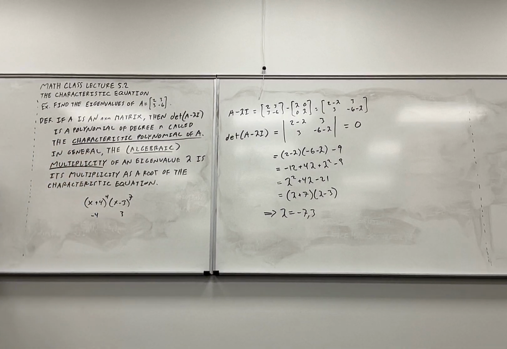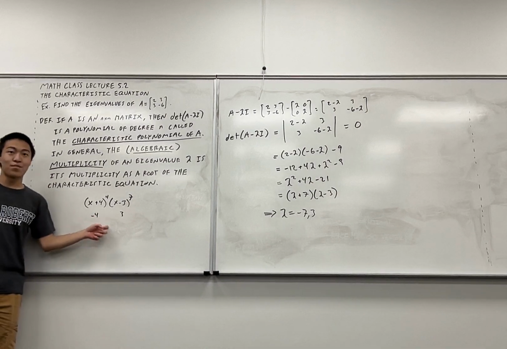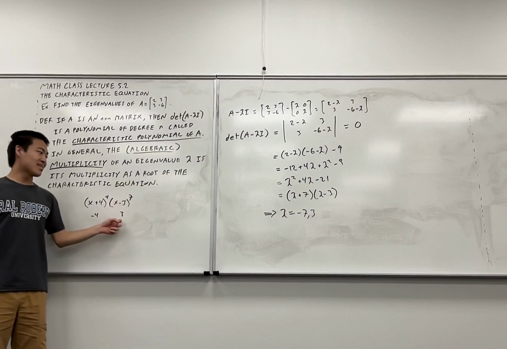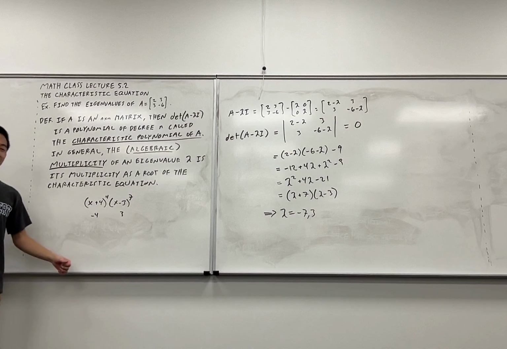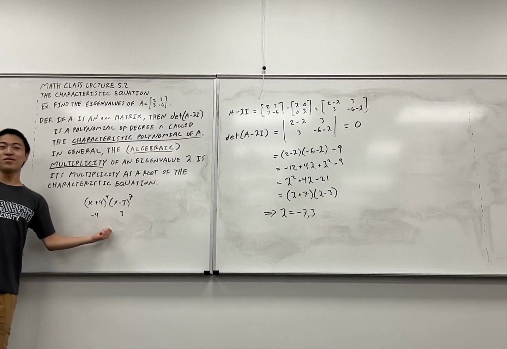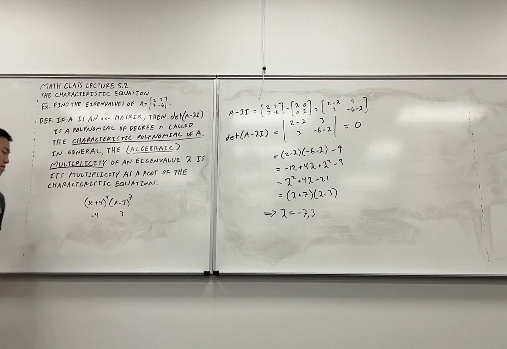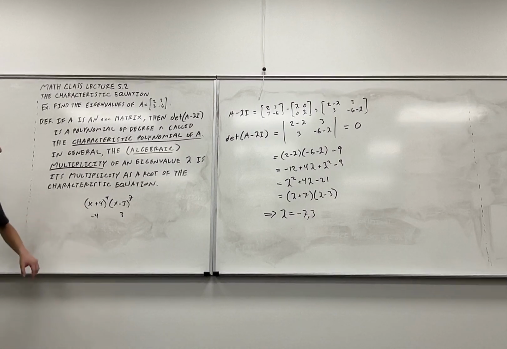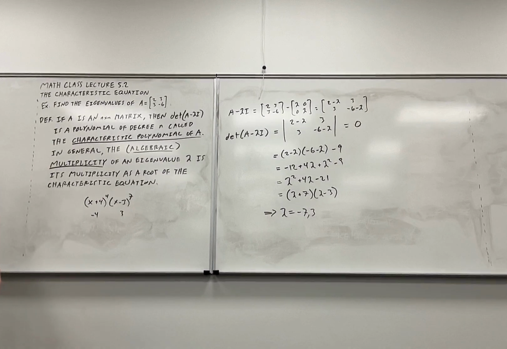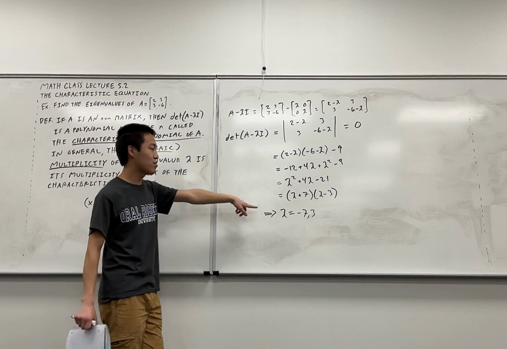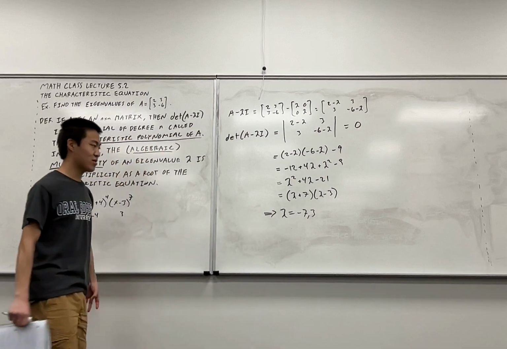But in reality, multiplicity-wise, for the roots, I would say minus 4, minus 4, minus 4, minus 4. And then for this, 3, 3, 3 for 7, okay? For those of you who just took the Unit 2 differential equations exam, you kind of realize that that's super important, especially when doing those undetermined coefficients, okay? So it's the same thing. This is just multiplicity for eigenvalues, and we use similar language. So what's the multiplicity of the eigenvalue minus 7? 1. What's the multiplicity for the eigenvalue 3? 1.